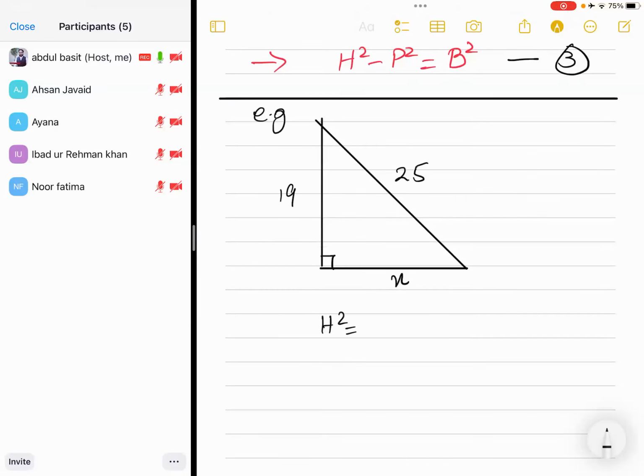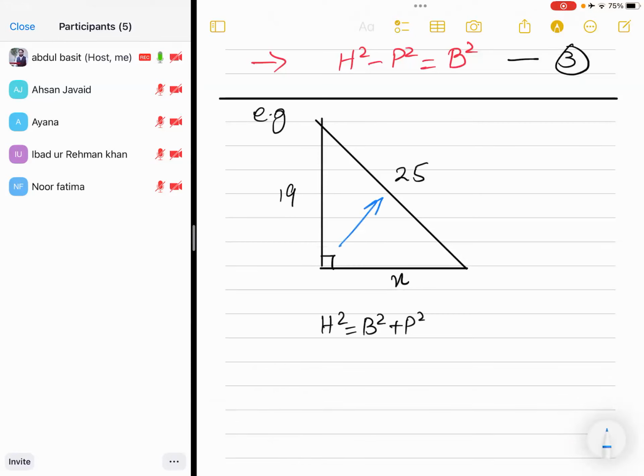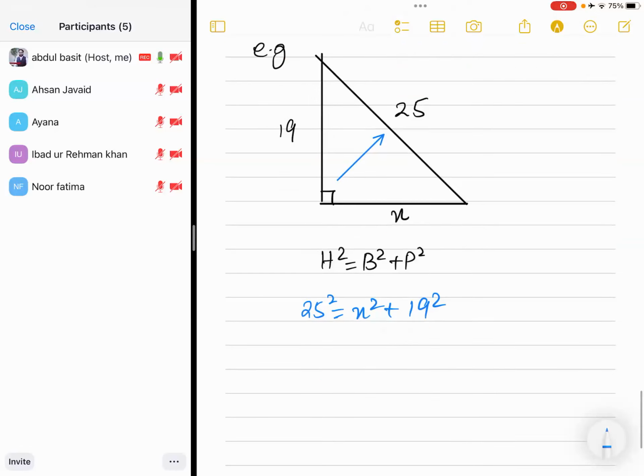They say that h square is equals to b square plus p square. 25 remains the hypotenuse because it is the longest side of the triangle and it is opposite to 90. So that is 25 square. So b can be x or 19. Base and perpendicular, it depends on angle only. Okay. So for example, if I say that b is my x, so I can write x square plus 19 square. So as you know that 19 square will go towards the left, so it becomes negative. Yes or no?